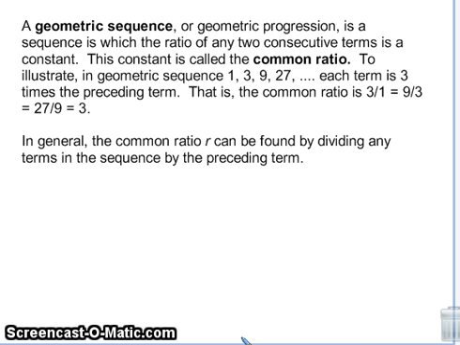To illustrate, in the geometric sequence 1, 3, 9, and 27, each term is 3 times the preceding term. So that is the common ratio. 3 divided by 1, 9 divided by 3, or 27 divided by 9 is 3.